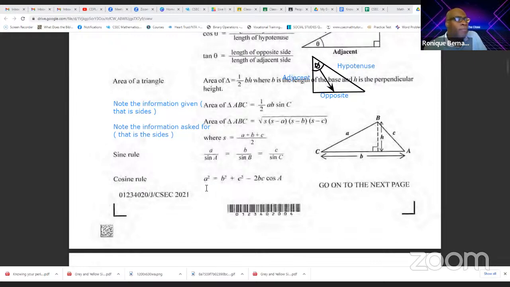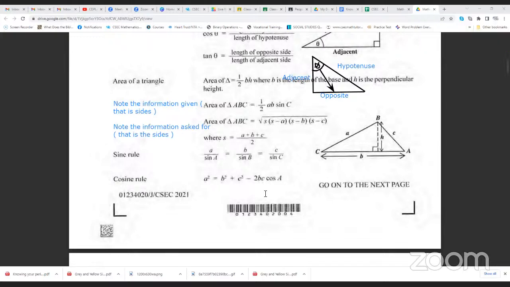So if you're asked to find length A, then they'll give you angle A. If you're asked to find length B, which angle would they give you to work with? Anybody? Sir, can you repeat that?